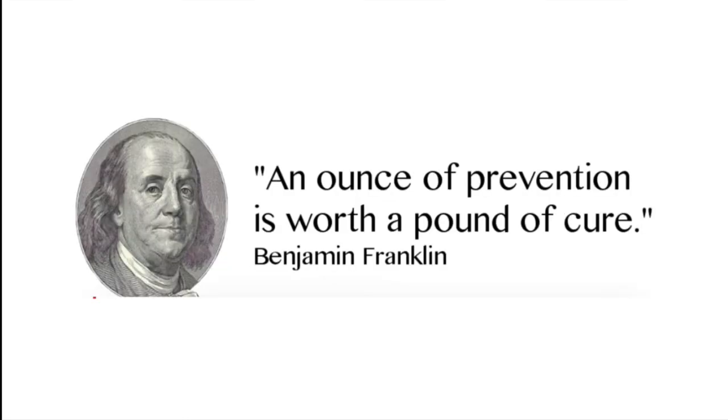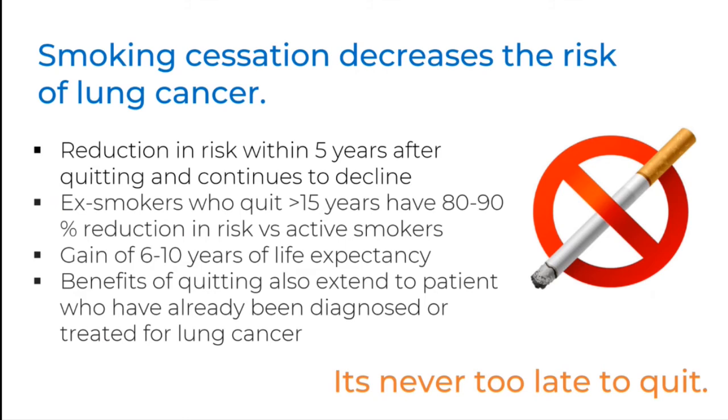As Benjamin Franklin famously said, an ounce of prevention is worth a pound of cure. So, of course, if there are modifiable risk factors, that is the best strategy to prevent the development of lung cancer. And perhaps the most important of this is smoking cessation. Clearly, there is a reduction in risk after smoking cessation as early as 5 years after quitting, and this risk continues to decline over time.